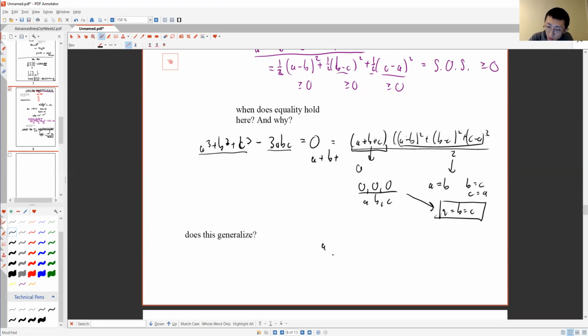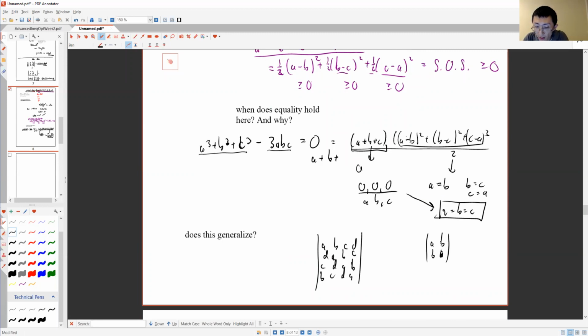Is there some 4x4 matrix that I can look at the determinant of to prove the 4 variable AM-GM? I don't think it works for 2 variables, so I'm a little skeptical that it works for 4 variables.